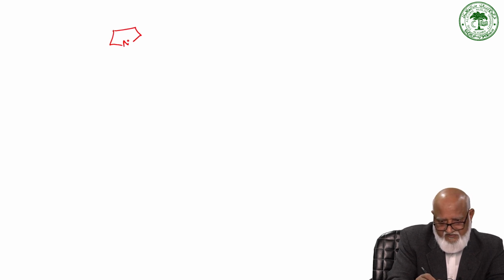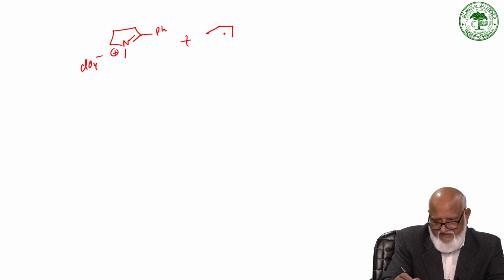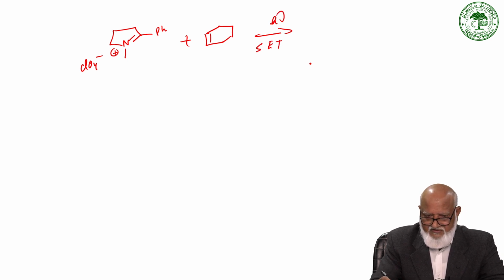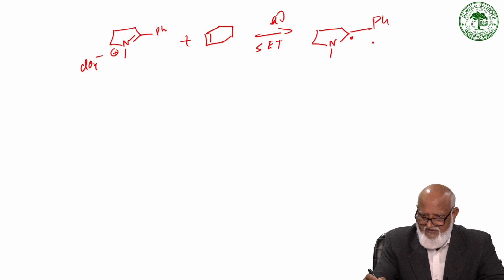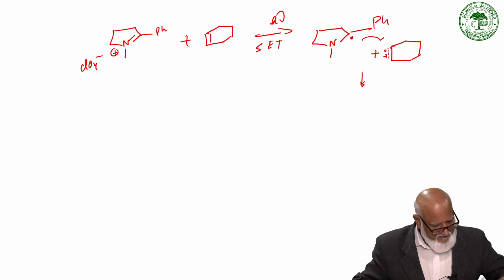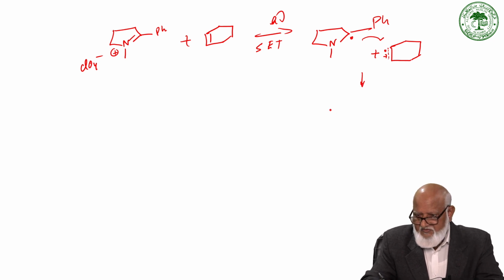If we have the same ammonium salt, with a plus and ClO4 minus, and cyclohexene as an electron donor, it can undergo, as usual, single electron transfer to generate a carbon center radical, plus the radical cation, which can add to this species, giving rise to a product like this.